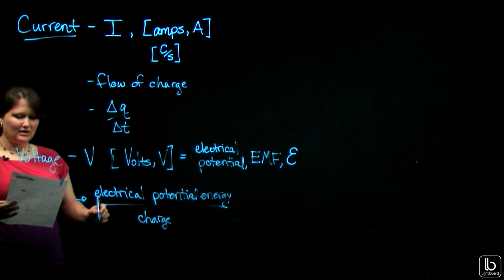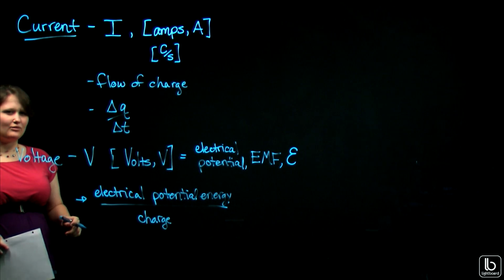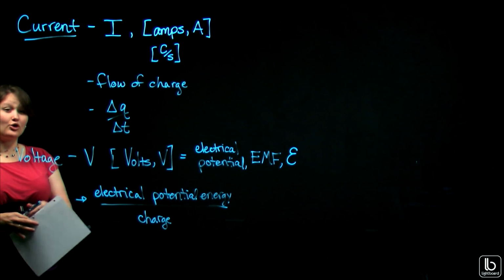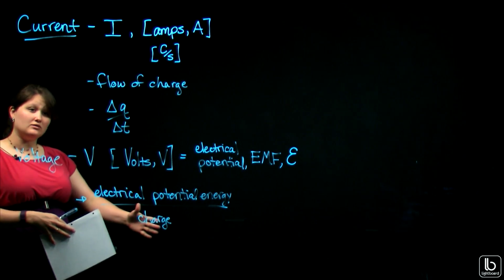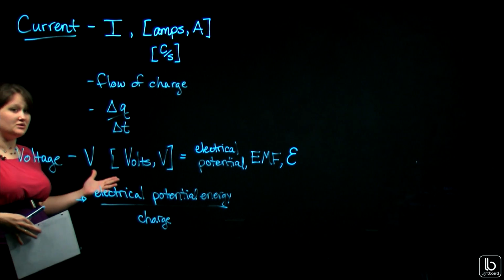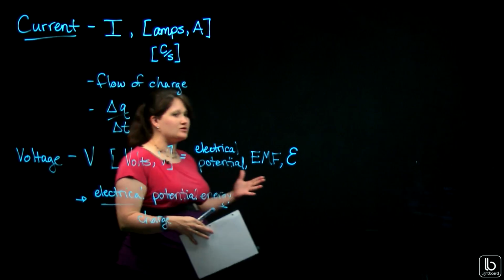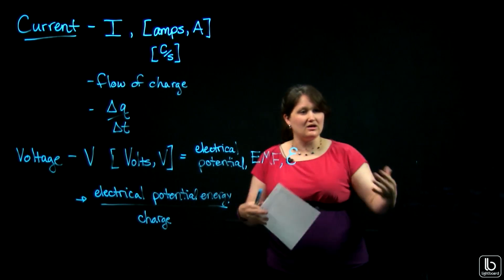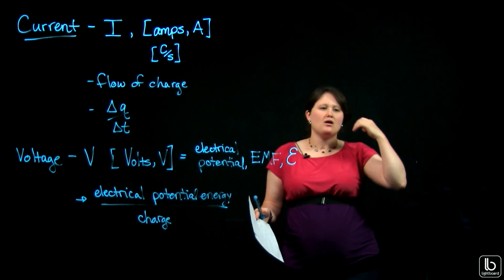So again, recall that in order to make current, like water flow, we need this gravitational potential energy. So in order to make charge flow, we need electrical potential energy.